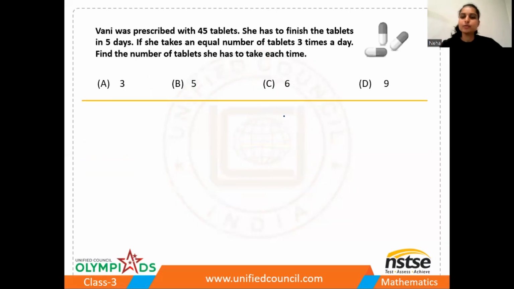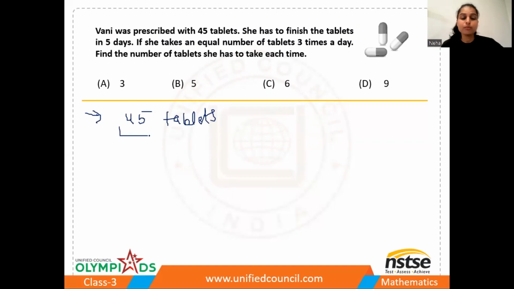Alright, now let's move to the next question. Here is the next question on the screen. The next question says that Vani has been prescribed 45 tablets. So how many tablets are there in total? There are 45 prescribed. She has to finish all these tablets in 5 days.